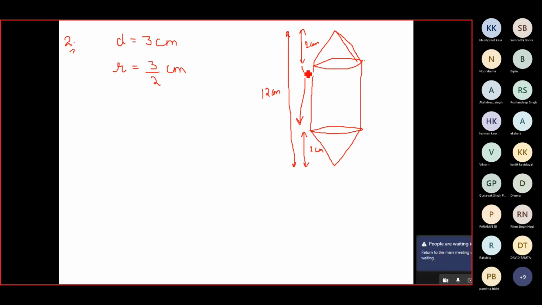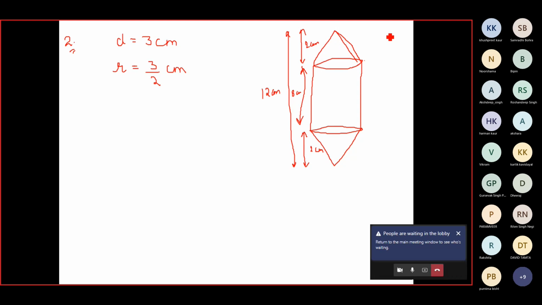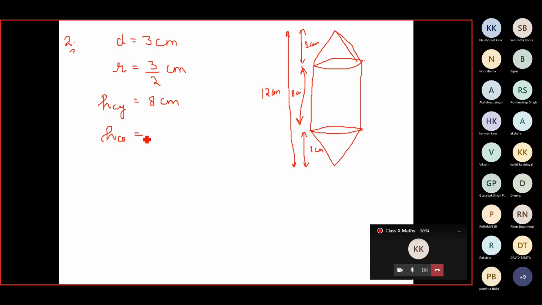The height of the cylinder is 8 centimeter. Height of the cone is 2 centimeter. Other things are there.